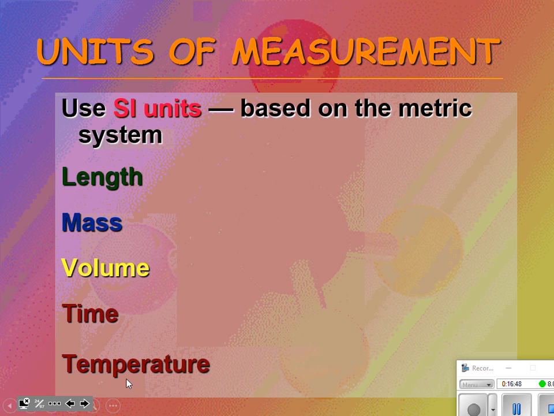Now we're also going to have a measurement that's called Kelvin that we'll learn a little bit later when we talk about temperatures. We're going to have Kelvin, and Kelvin is very similar to the Celsius scale, other than the fact when we're dealing with Kelvin, we do not have any negative values.